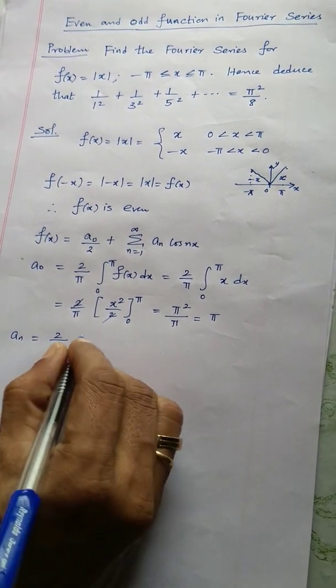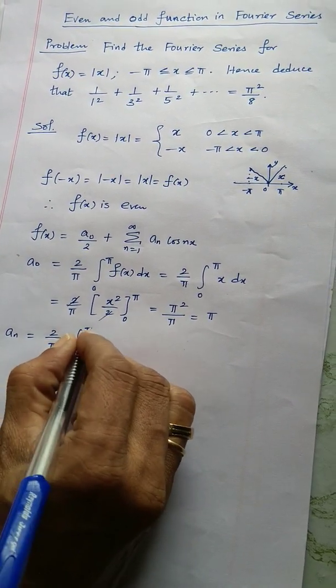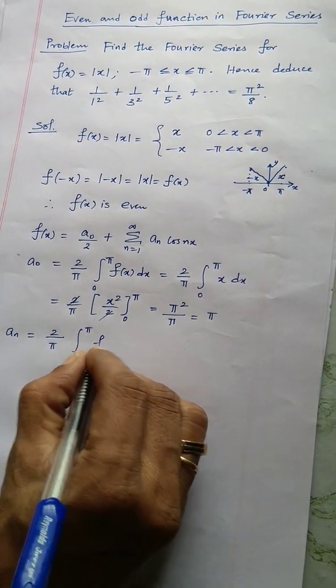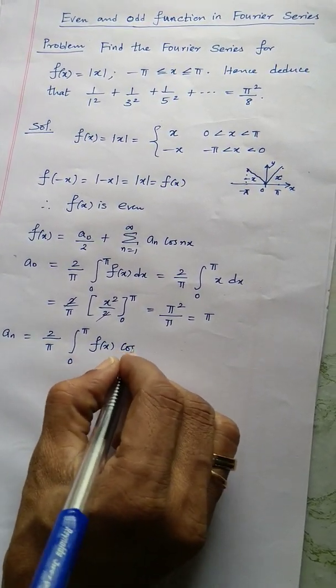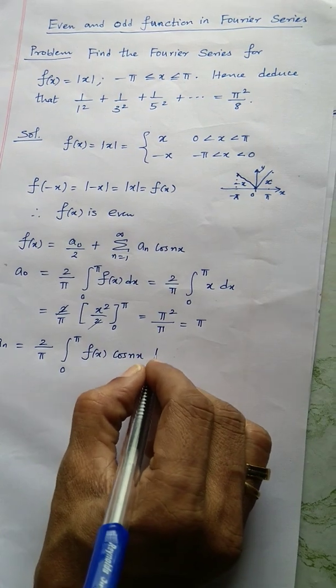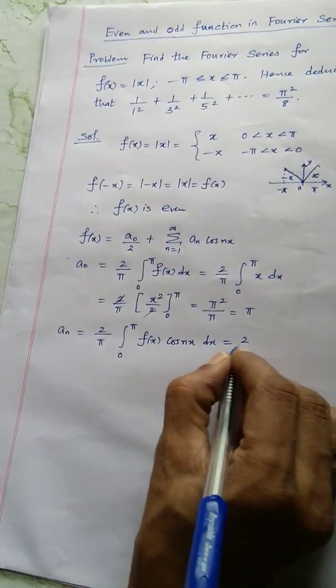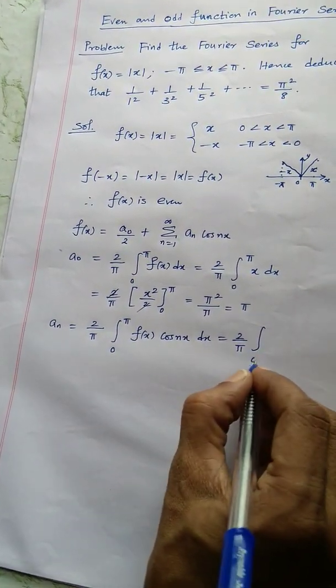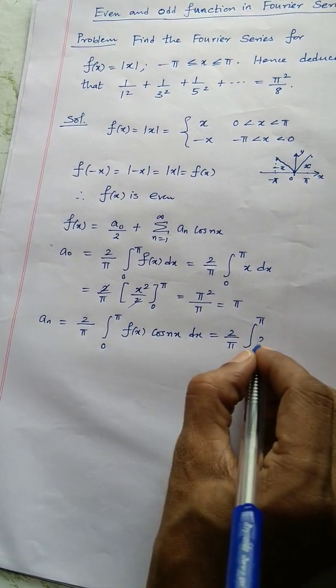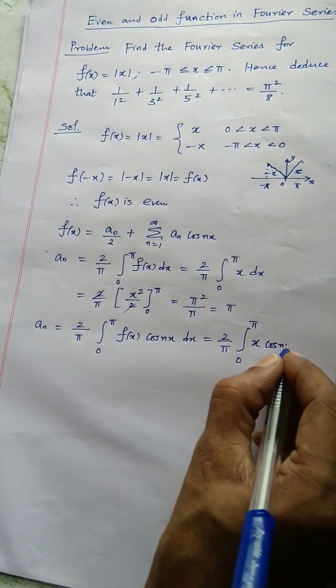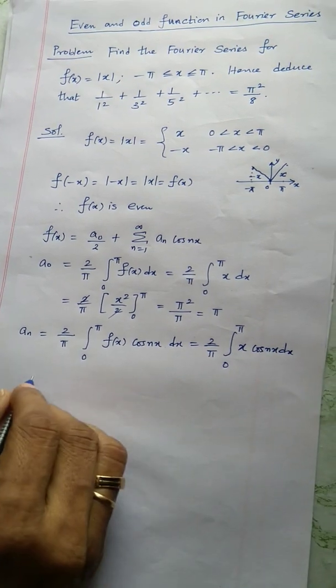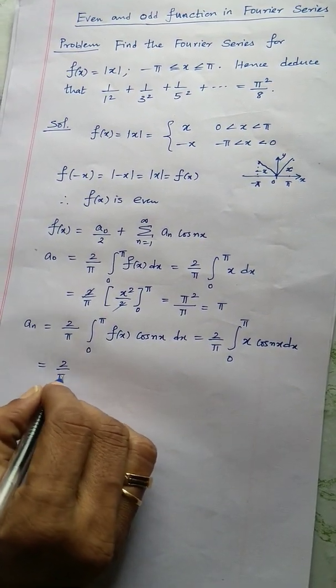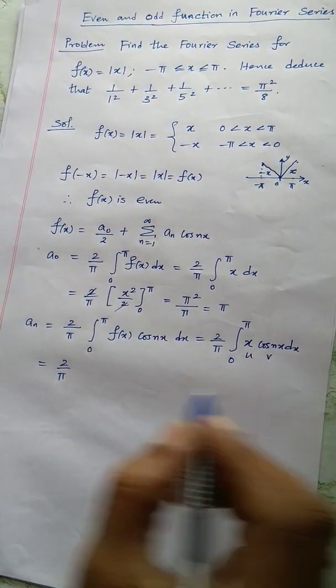Next, let us calculate an: 2 by pi integral 0 to pi f of x cos nx dx. You know very well the function on 0 to pi is x, so x cos nx dx. 2 by pi, and x is u, the second function is v.